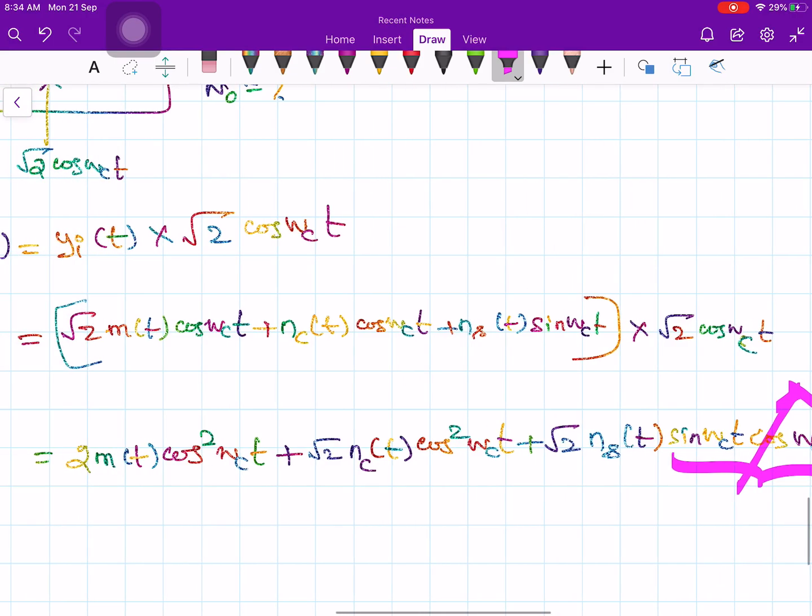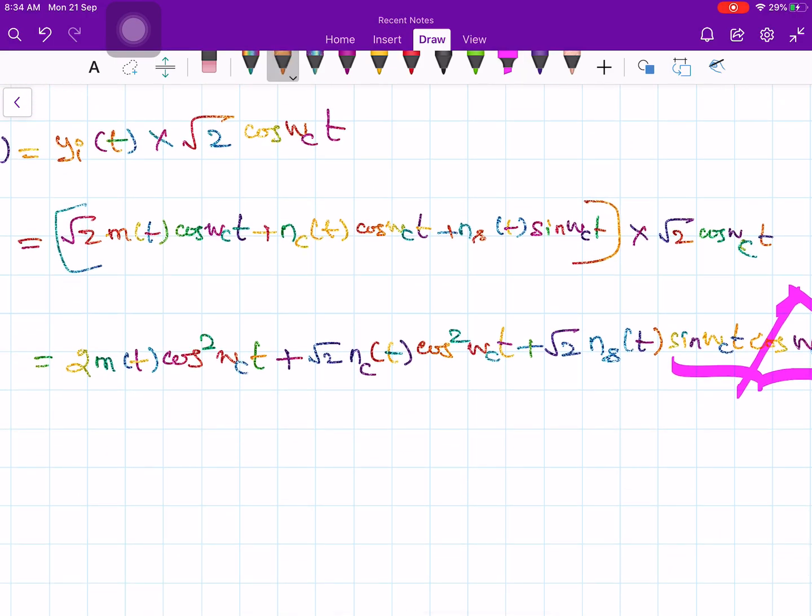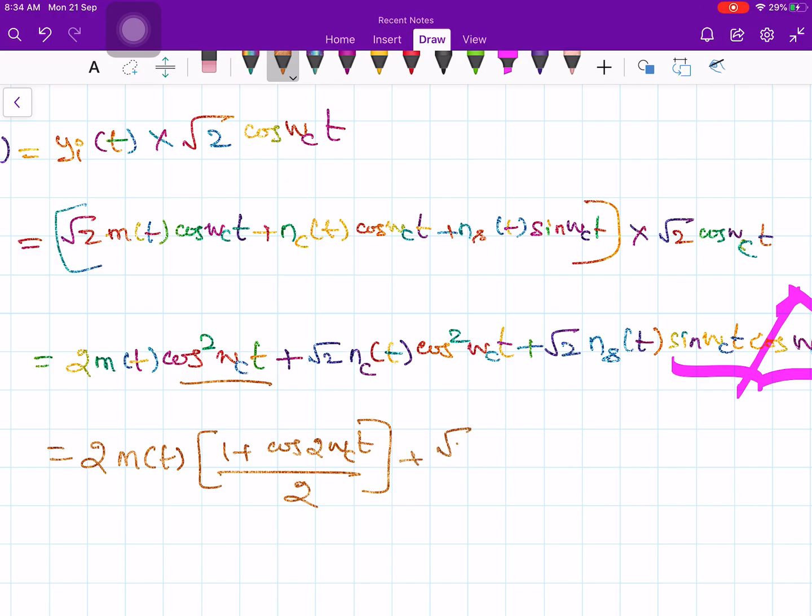Now in this term, 2 times m of t cos square omega ct, you can write as 1 plus cos 2 omega ct by 2, plus root 2 nc of t. Again this cos square omega ct you can write as 1 plus cos 2 omega ct by 2.